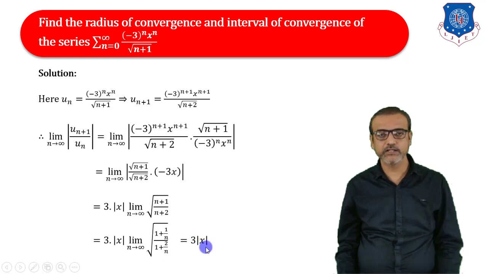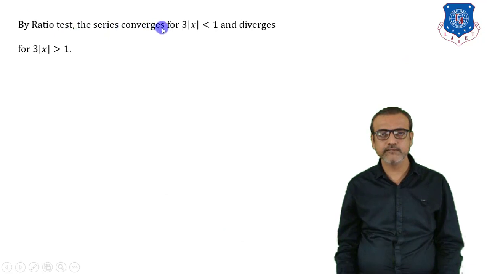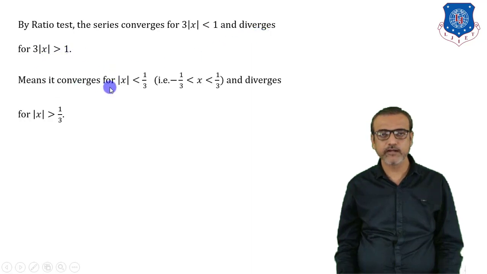Now we will apply the conditions of the ratio test. By the ratio test, the series converges for 3 into mod x less than 1 and diverges for 3 into mod x greater than 1. It means it converges for mod x less than 1 by 3. So we have mod x less than 1 upon 3.